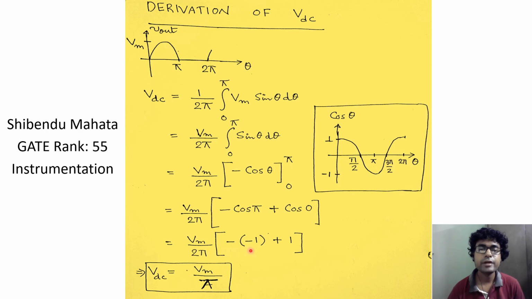So negative of negative 1 plus 1 is 2, and then 2 and 2 cancel out, and the average value turns out to be Vm by pi. So note that the RMS value was Vm by 2, whereas the average value or DC value is Vm by pi, and so obviously the DC value is less than the RMS value.